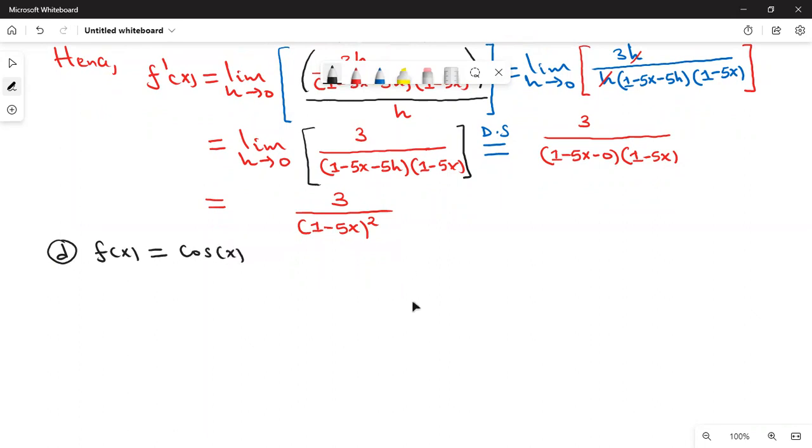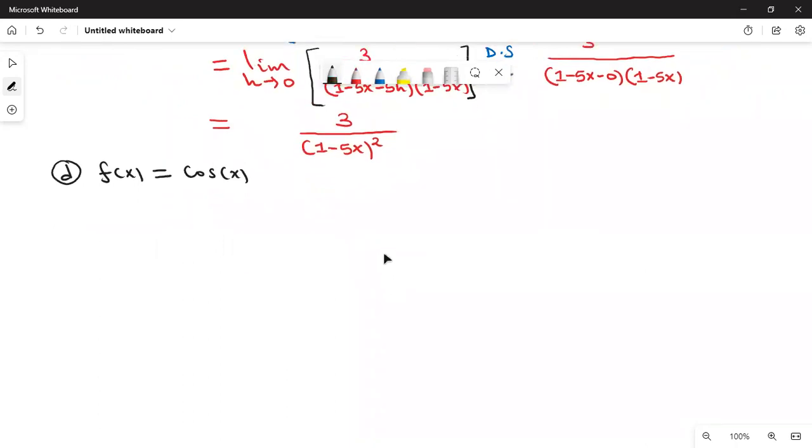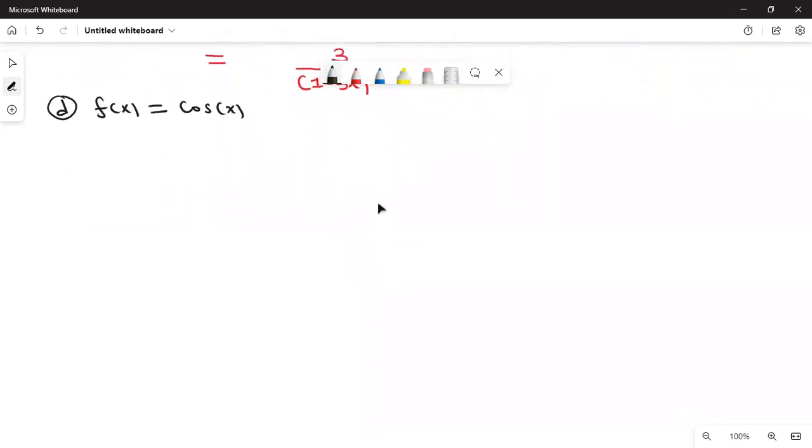You're asked to find f prime of x using the first principle of differentiation. So from here, given f of x is cosine of x, we can find f of x plus h. Where there is x, you put x plus h, so that is cosine of x plus h.